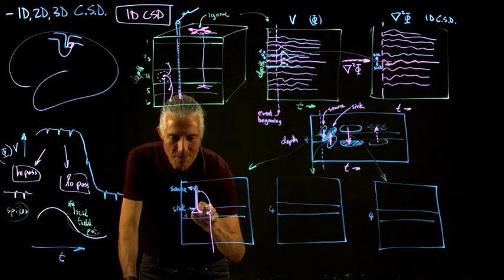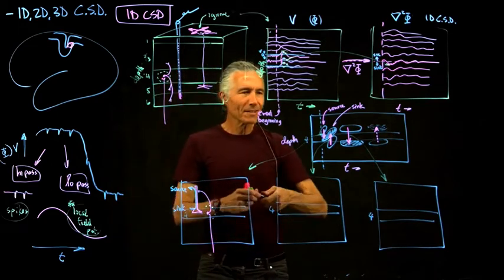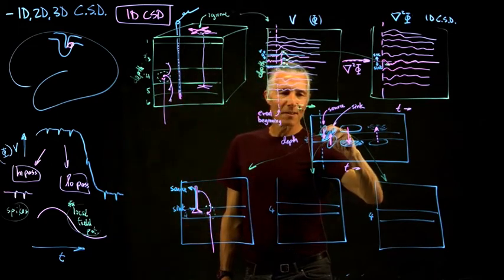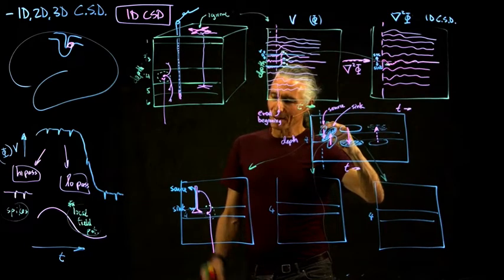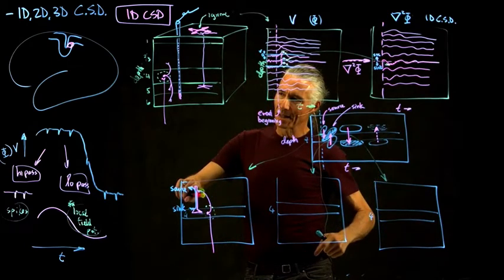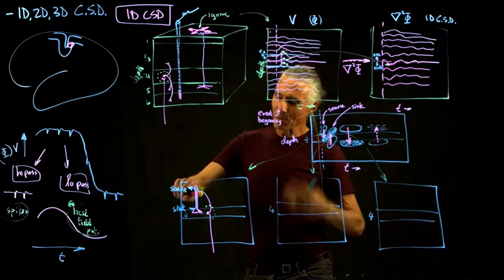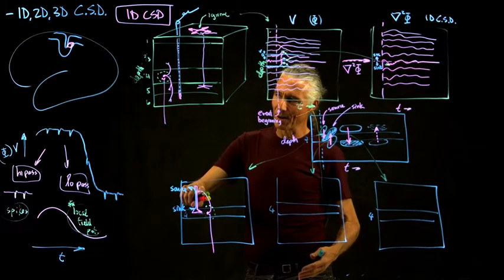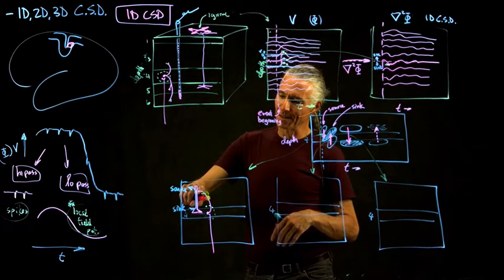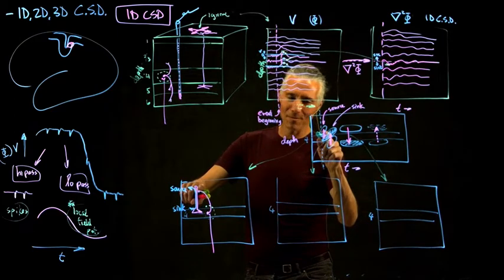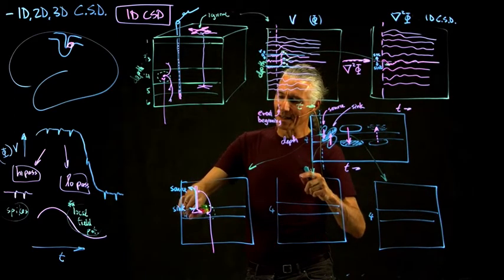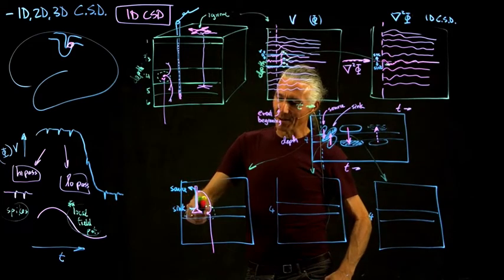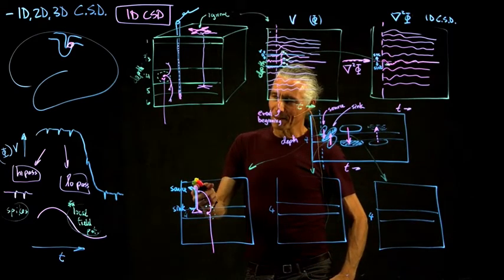So our current source density basically shows a current dipole coming from the currents that are outside the cell. Remember, when it's inside the cell, it's disappeared and we can't record it, and we're always recording outside the cell. So it's the reverse. The current is actually coming in at the basal dendrites, flowing up the cell and coming out the top.